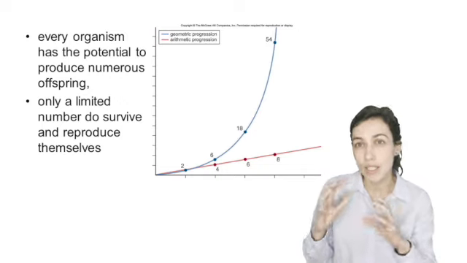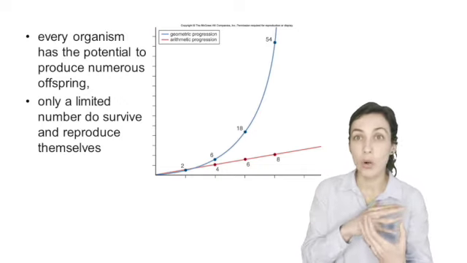The ones who are going to die are the ones who are, for whatever variety of reasons, less fit to live in that particular environment.